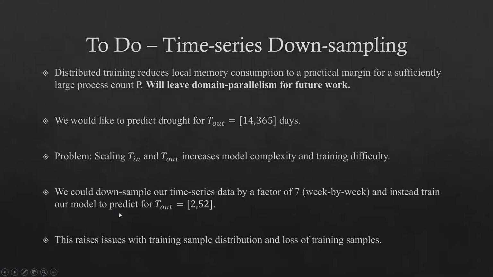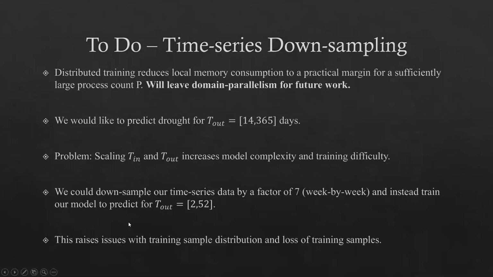So my proposed solution for this problem is we could downsample our time series data. Let's say we do it by a factor of 7. Right now it's day by day time steps. If we downsample it by a factor of 7, we could take the average over 7 days and make it a week by week data set.